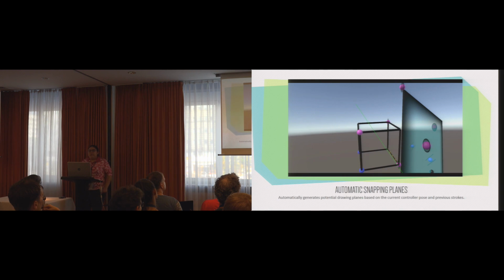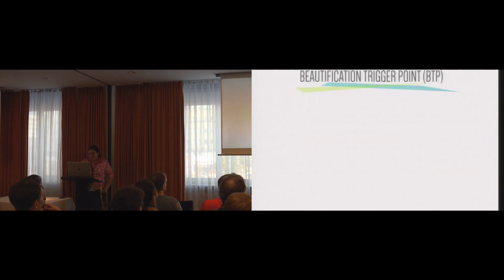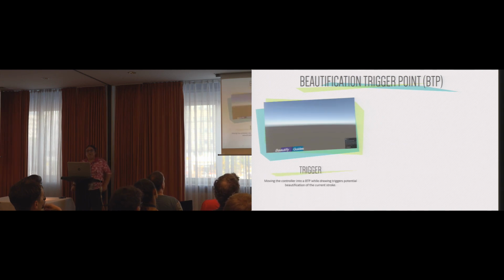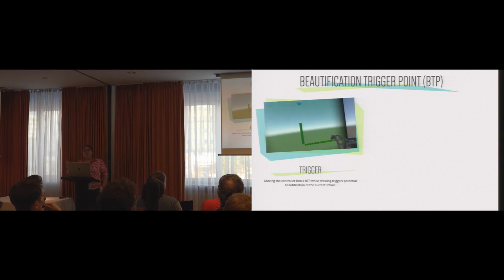The next point is the beautification trigger points. So this one, I need to turn this on. To show users, there are cubes or spheres inside the virtual environment that help with depth perception, and they also work as snapping guidance, but they also show users future relationships.